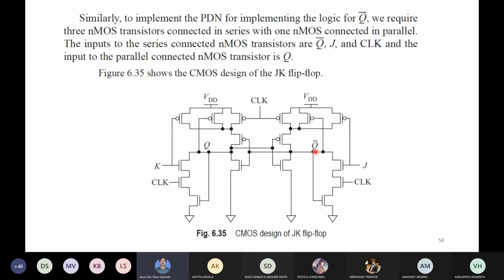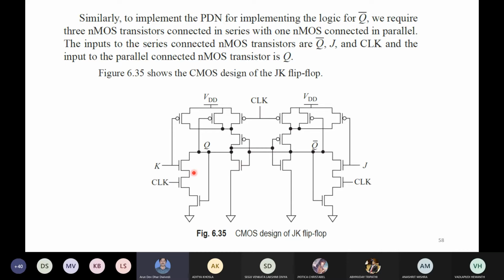So Q bar is taken from here. Q bar is taken from the other NOR gate output. The other NOR gate output is giving Q bar as an output. So it is taken from here, and it is given here as input at the fourth NMOS transistor, which is in parallel to all this.